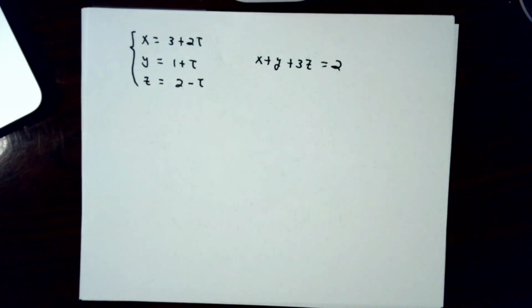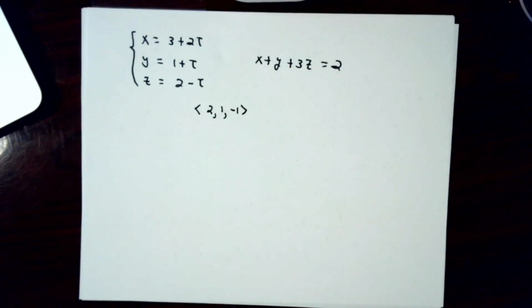The equation x plus y plus 3z equals 2 represents a plane in 3-dimensional space. Now, there's a way that I can tell that I'll have an intersection point even before I do any calculations.